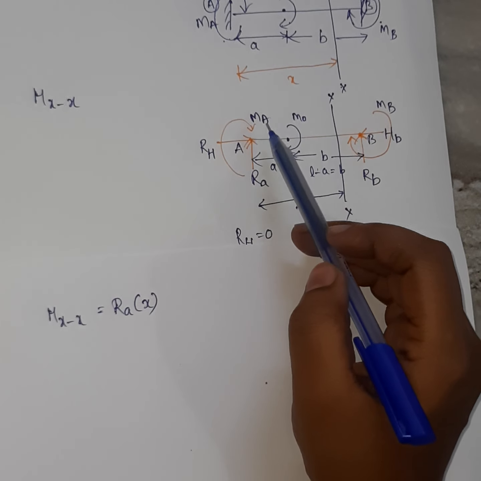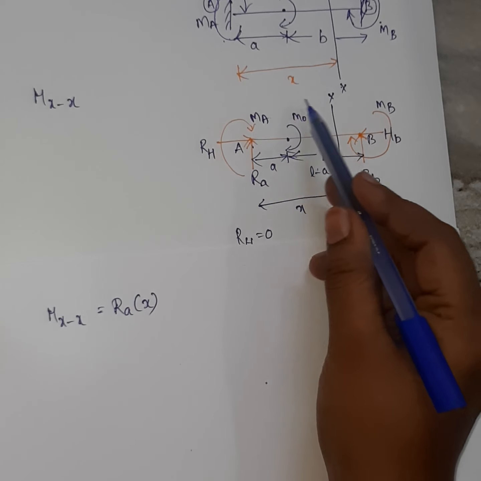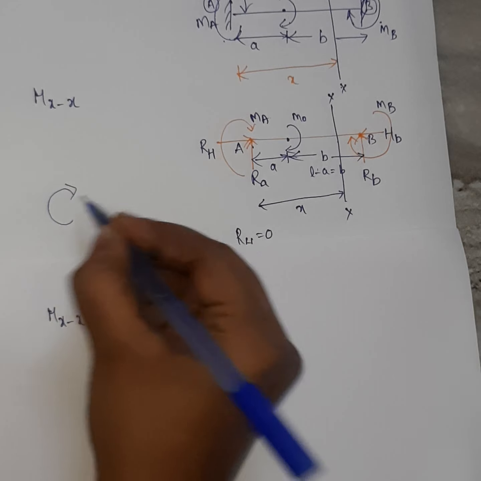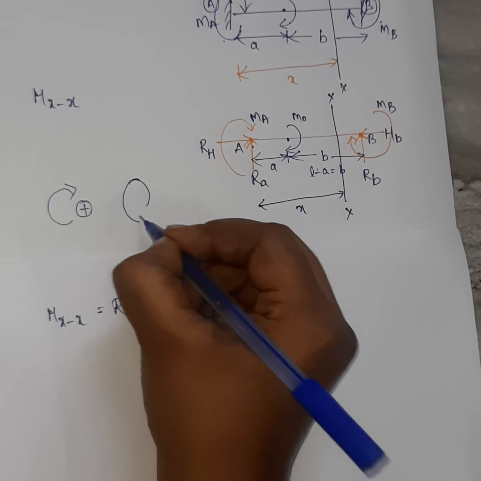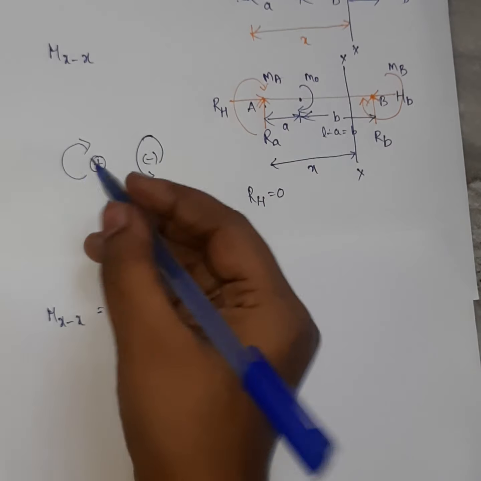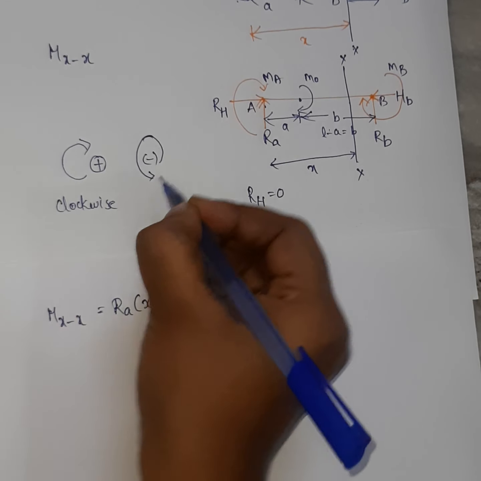Next, the fixed end moment. See here, RA is acting in which direction? Clockwise direction. So you should know, if it is clockwise, I am taking it as positive.